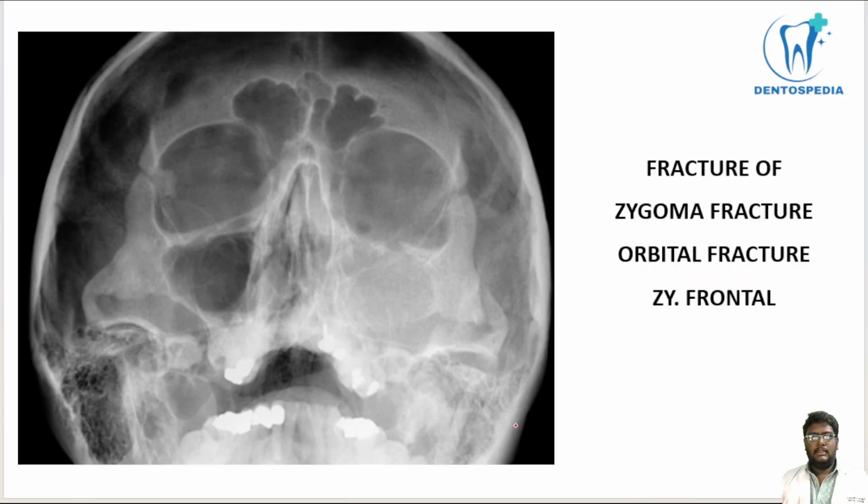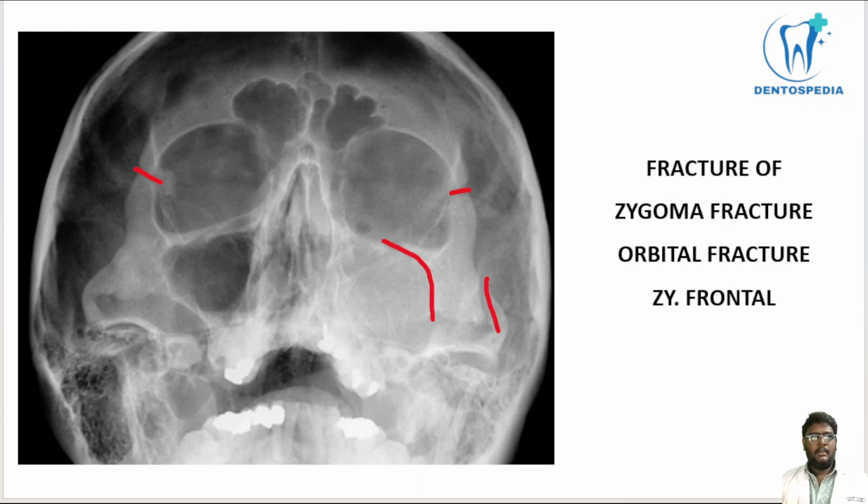Okay, and this is a paranasal sinus view where you can see the fractured orbital bone, the outer canthus of the eye, and you can see the zygomatic arch fracture here, the outer canthus of the eye fracture, and also a fracture occurring on the floor of the orbit.